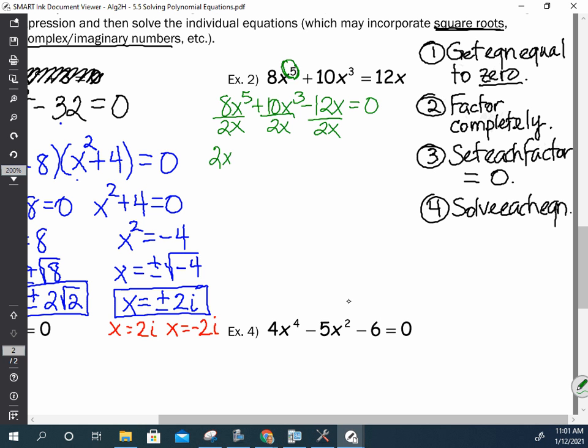If you take out 2x, that's 4x to the 4th plus 5x squared minus 6 equals 0. So far, so good.